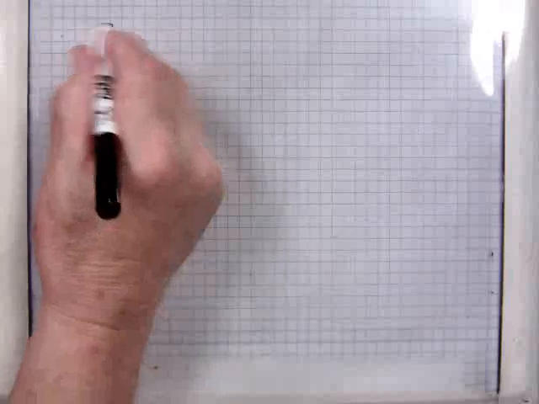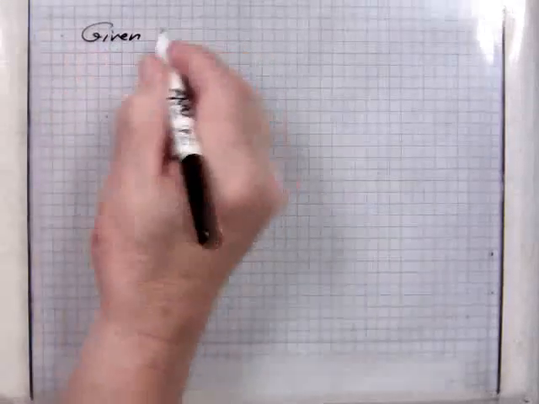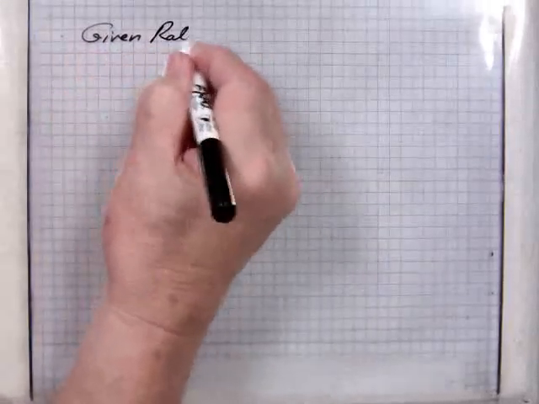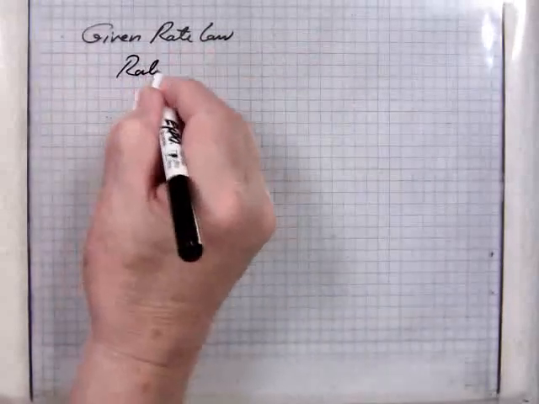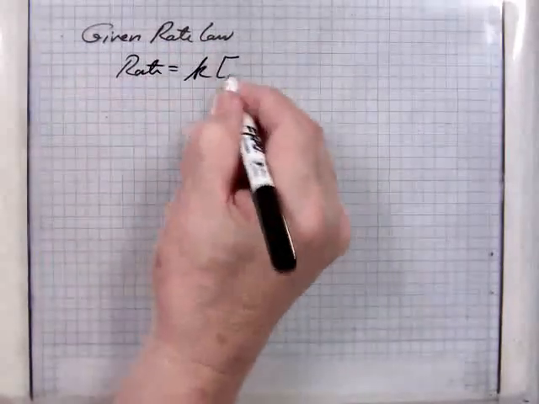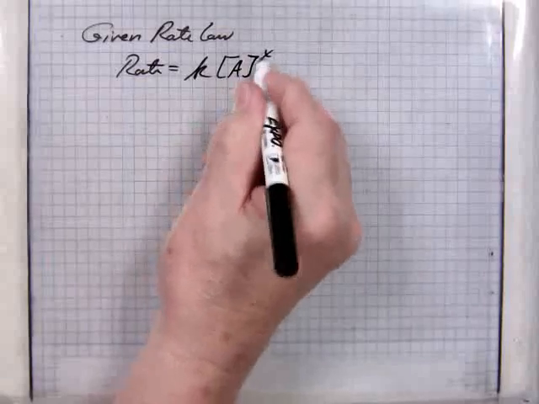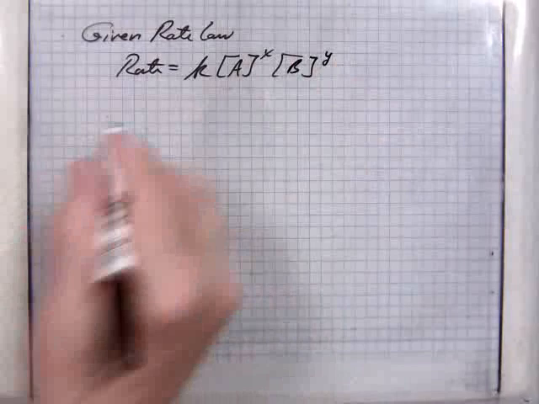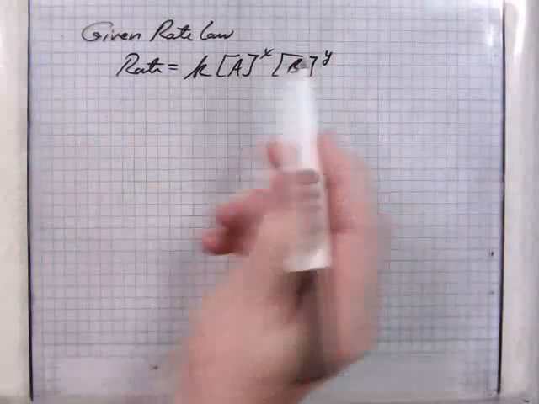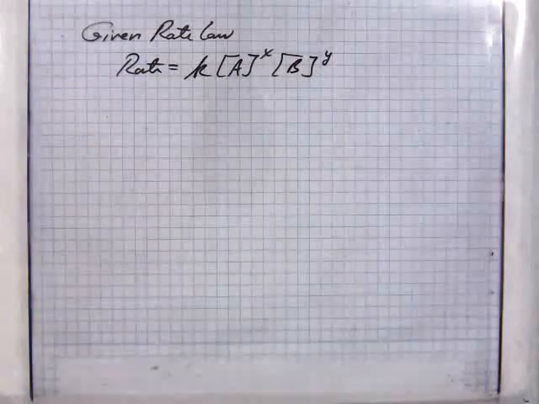Also, given, say, the rate law rate equals k times A raised to the x power and B raised to the y power, what we're going to do is change A and B as we go through and see what happens.